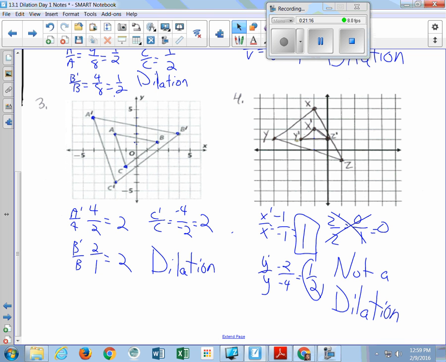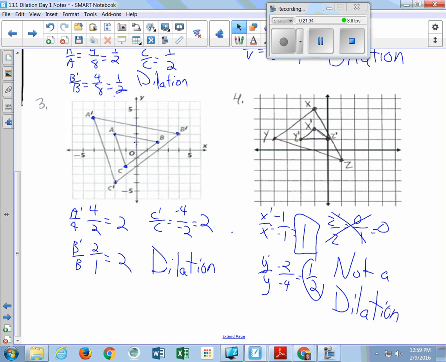And then turning to the next page of the worksheet, you have to set up the ratio to determine if each is a dilation. So for the last 4, you're doing exactly what we've been doing on the last 2 pages of notes.